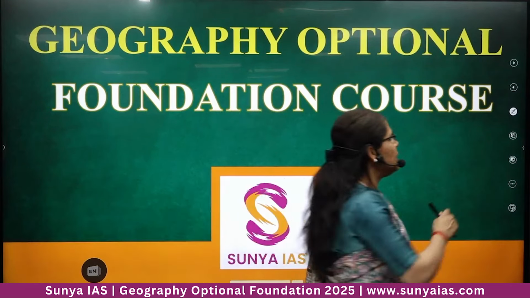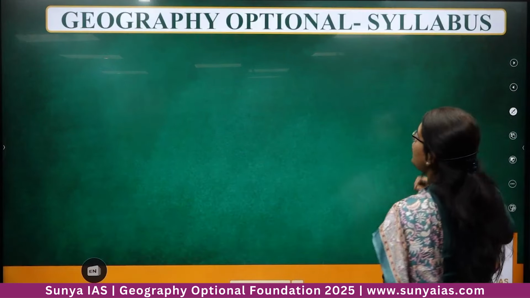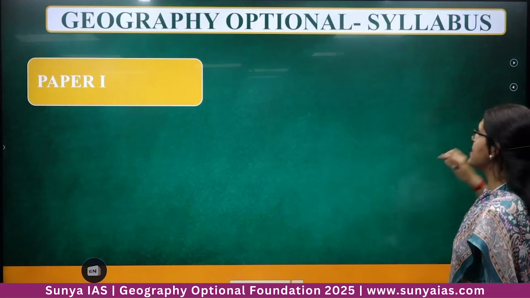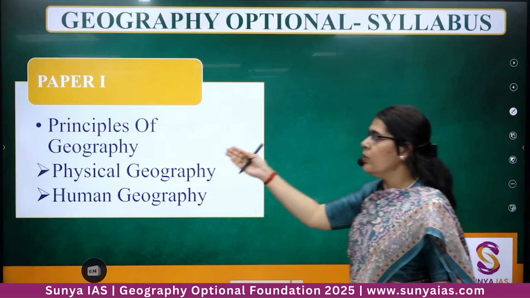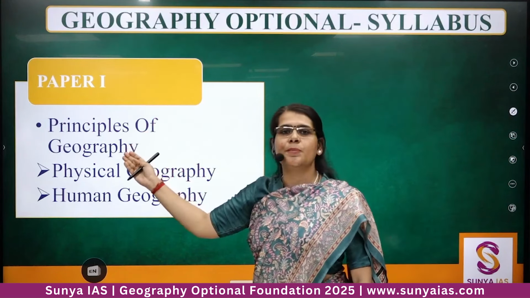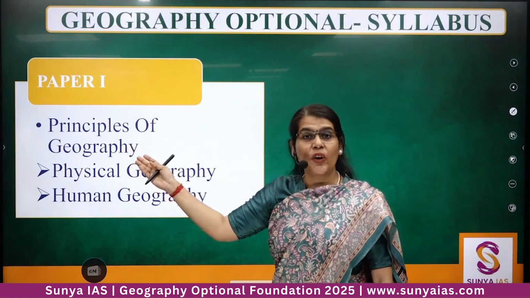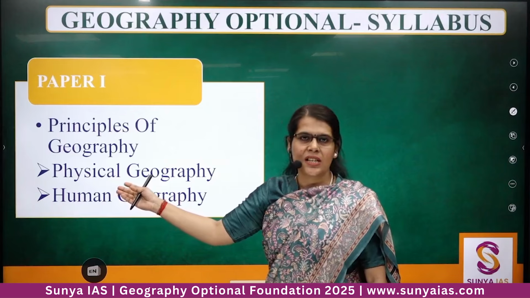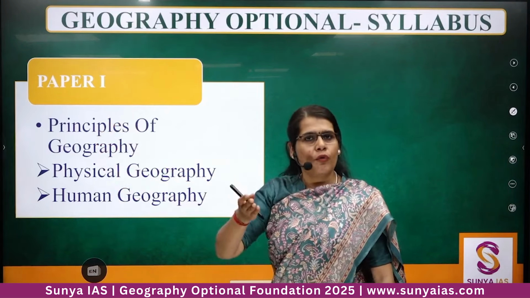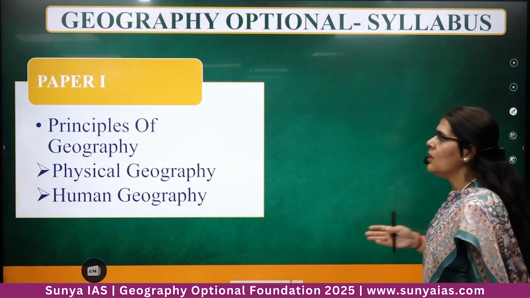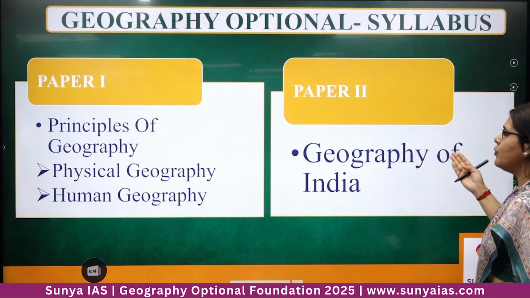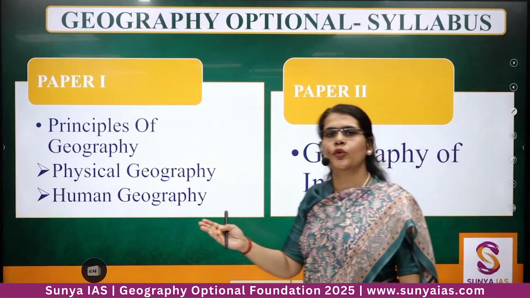First of all, you must know that the Geography Optional syllabus is divided into paper 1 and paper 2. Paper 1, Principles of Geography, is further divided into section A, physical geography, and section B, human geography. Paper 1 is of 250 marks, and similarly paper 2, which encompasses the geography of India, is also of 250 marks.